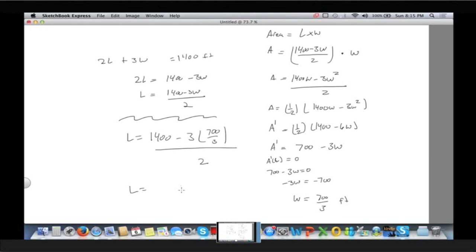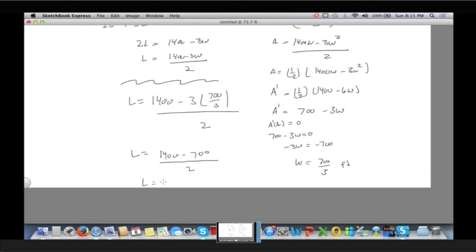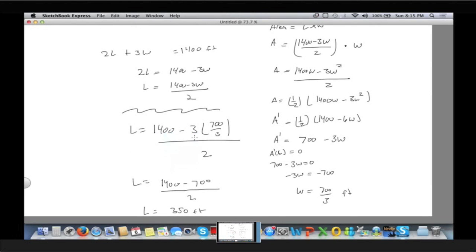That cancels. I would check this in my calculator. Good. 350. Okay, so the question is, find the dimensions that will maximize the total area of the enclosure. Okay, so I think that's correct.